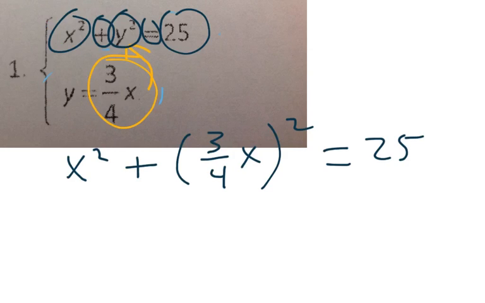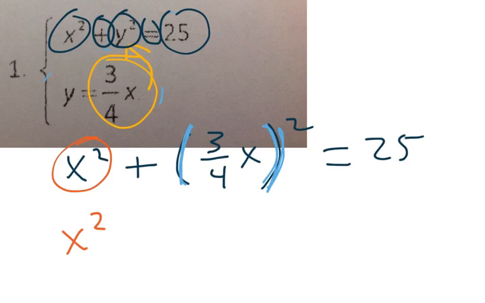Now, by substituting in the 3/4 x, guys, notice how I use parentheses. As I keep teaching you guys in my class, always use parentheses as a habit, because it does help you see things more clearly. Well, anyways, let's see what we can do now. I know this x squared right here, I'm going to leave it as x squared.